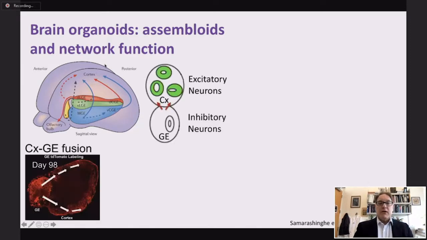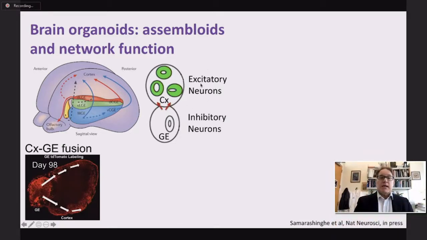So to be able to model that, one can pattern organoids to excitatory cortex, and then pattern other organoids to inhibitory ganglionic eminence, where the interneurons come from, and then fuse them, and the ganglionic eminence interneurons will migrate into the excitatory cortex to form networks.